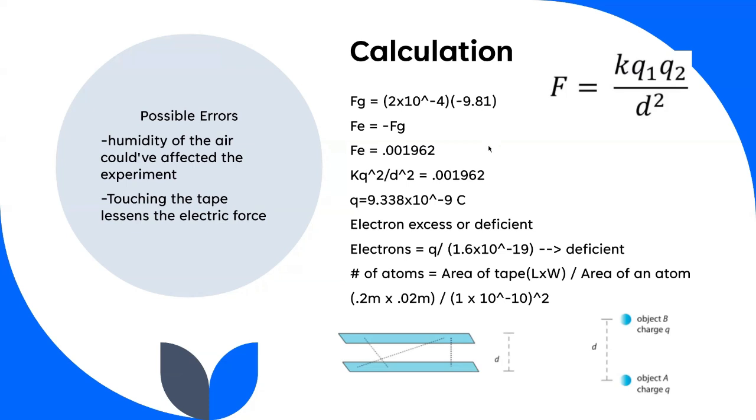We then used Coulomb's law to calculate the charge, and the charge we got was 9.338 times 10 to the negative 9. We also found that the tape had electron deficiency, and we also calculated the number of atoms by finding the area of tape divided by the area of an atom. And we measured the distance between the tapes using a ruler.